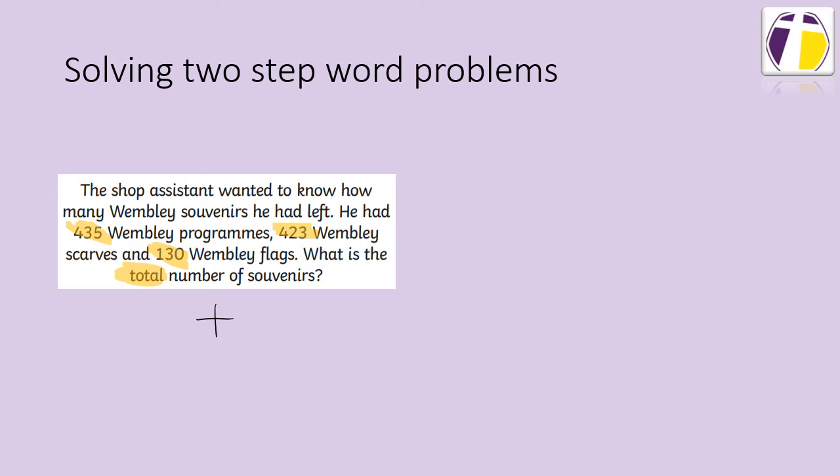I'm going to be adding together 423 add 435. And then to that answer, once I find it out, I am going to add on 130 to work out my total number of souvenirs.